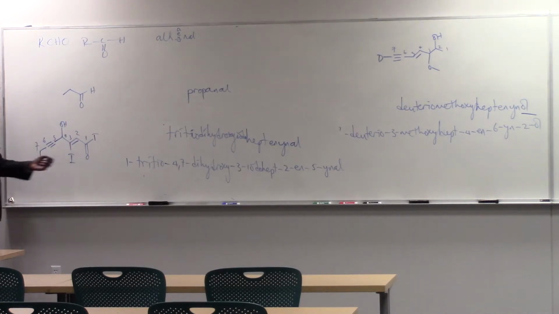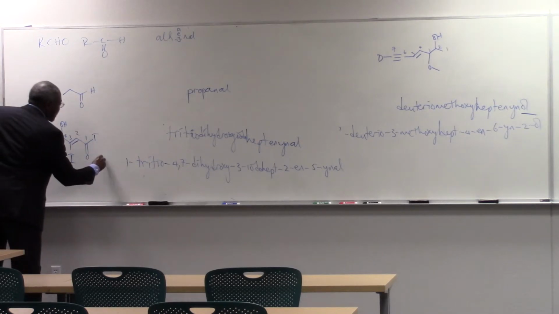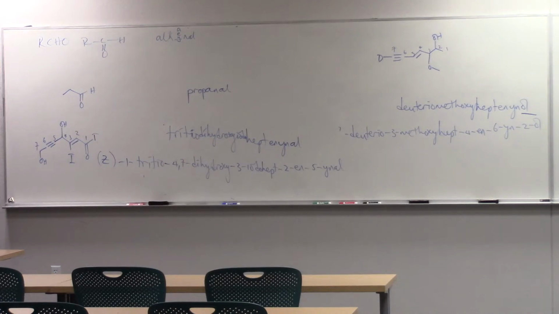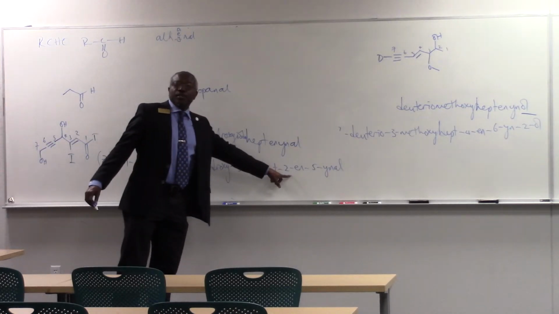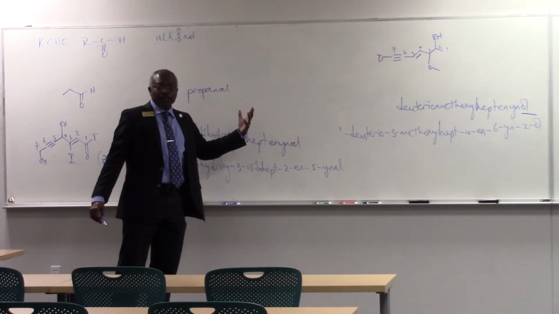So in terms of priority, I beats carbon, carbon beats H. So the groups of like priority on the same side, this is Z: 1-tritio, 4,7-dihydroxy, 3-iodo, hept-2-en-5-al. I don't need a locant for the Z because there's only one carbon-carbon double bond, and I know where it is. It's at position number 2. Adding a second 2 makes it superfluous.